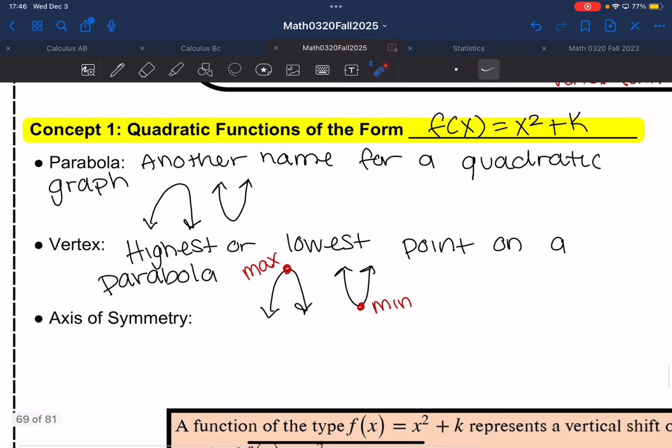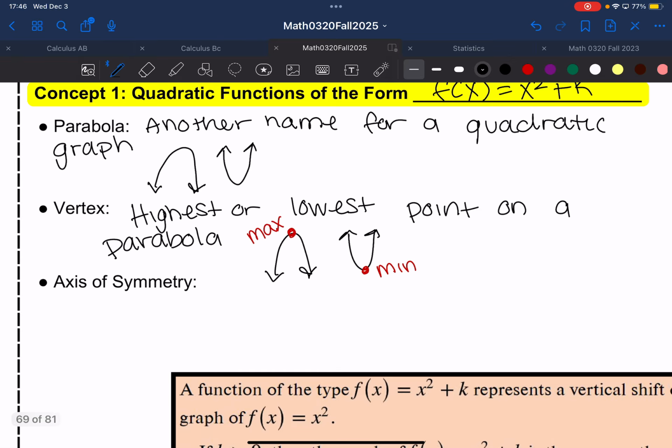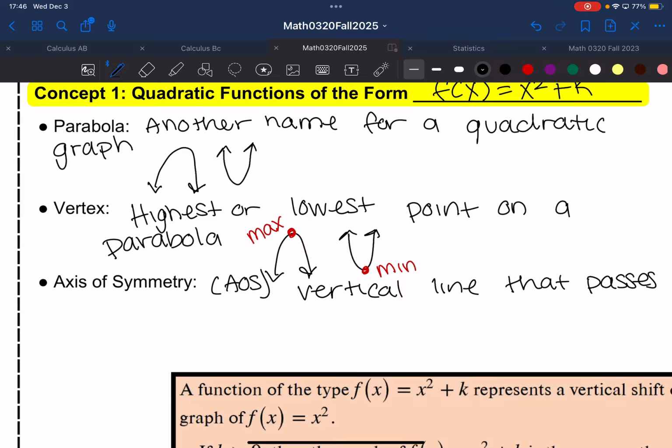And then we have axis of symmetry, which from here on out I'm going to refer to as AOS instead of having to write axis of symmetry every time. This is a vertical line that passes through the vertex and shows us where we have symmetry on that graph.